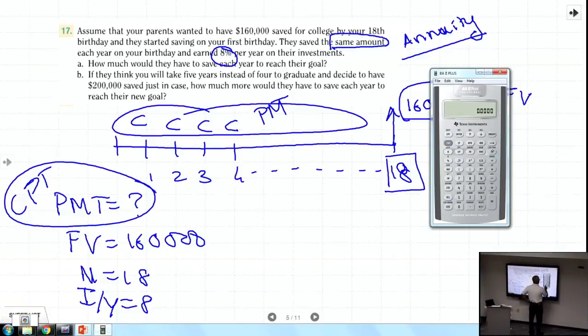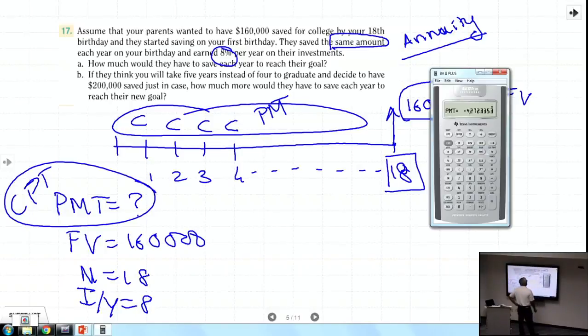Second, clear TVM. $160,000 represents my future value. 18 is my N. IY is 8%. I'm going to be computing payment.